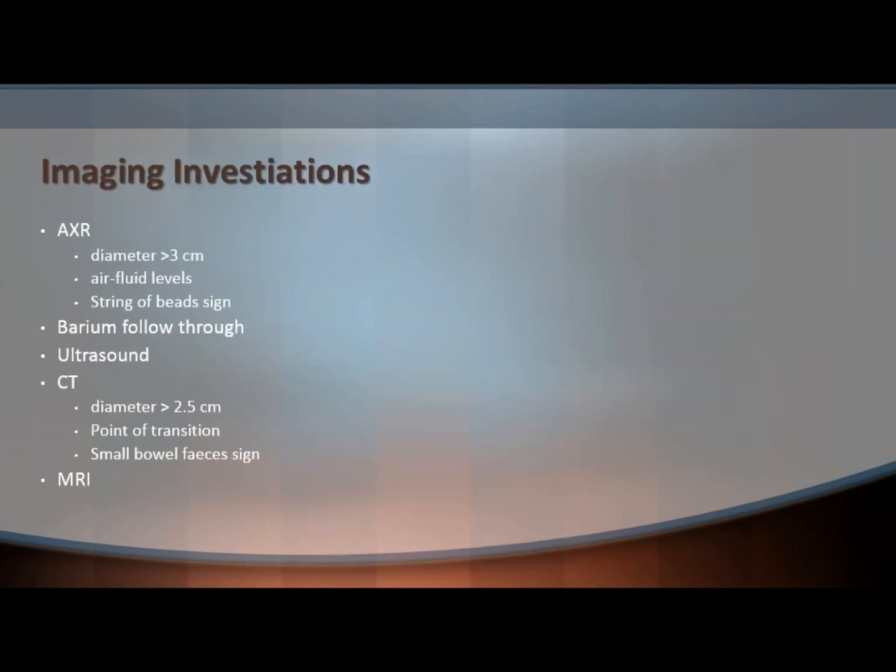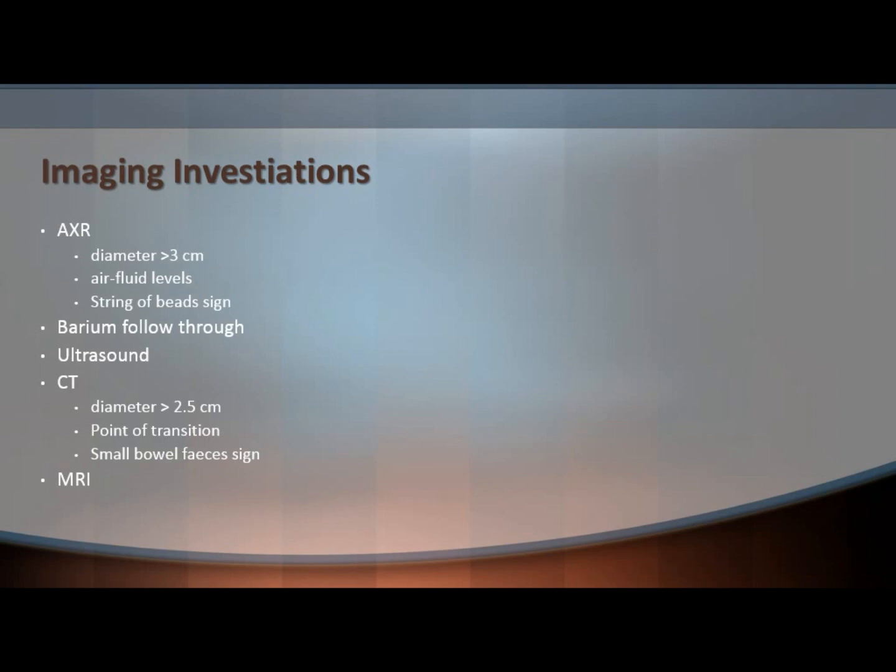So about the imaging investigations, we have many modalities. The easiest one, the abdominal X-ray, the barium follow-through, ultrasound, CT, and MRI. On abdominal X-rays, you have to have some features like the diameter should be more than 3 cm in order to say that the loops are dilated, or you may see air fluid levels and the string of beads sign.